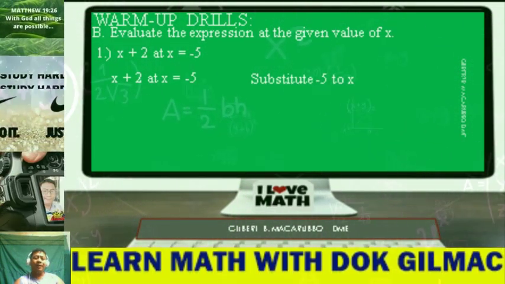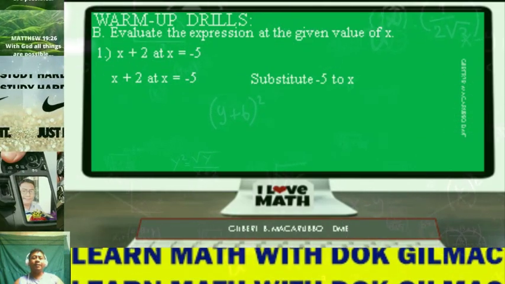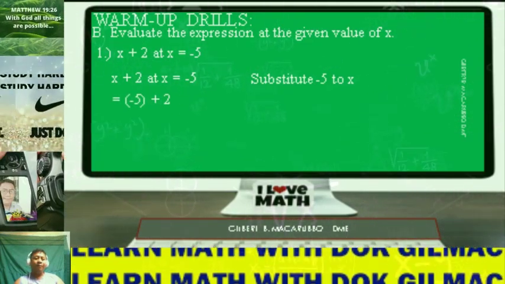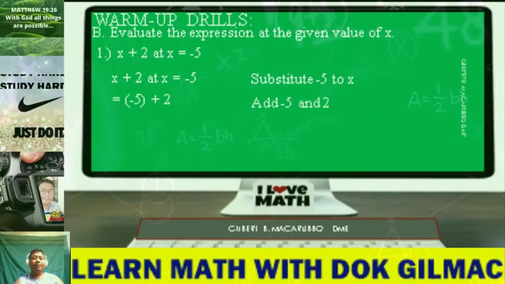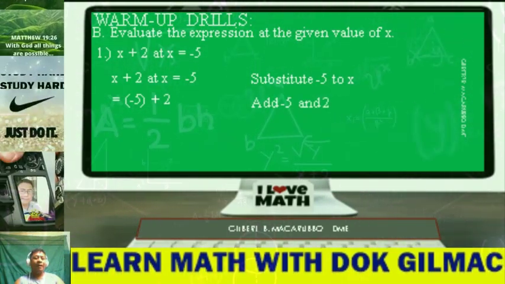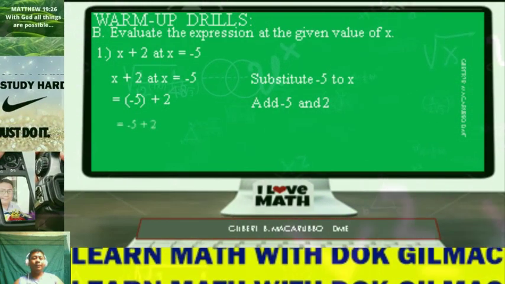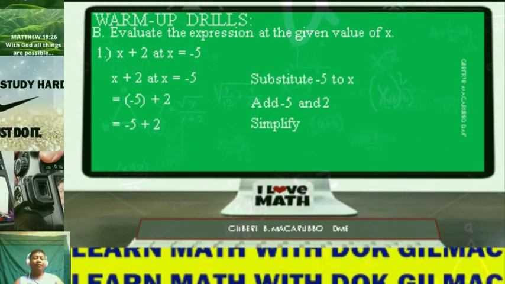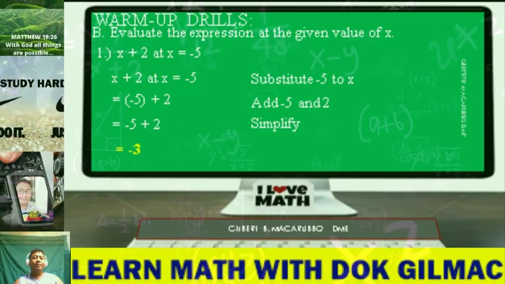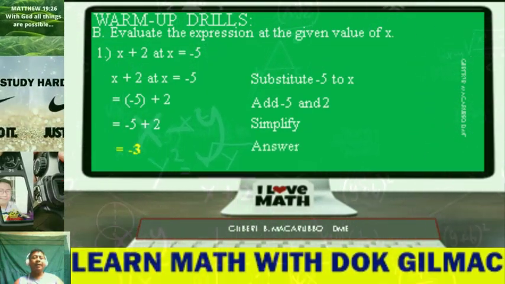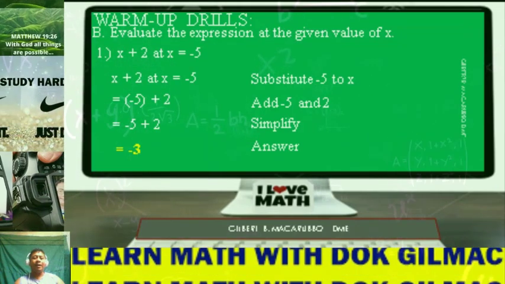Simply substitute negative 5 to x. Then we have negative 5 plus 2. We add negative 5 and 2. Then we simplify. This is simply equal to negative 3. So negative 3 is our answer.